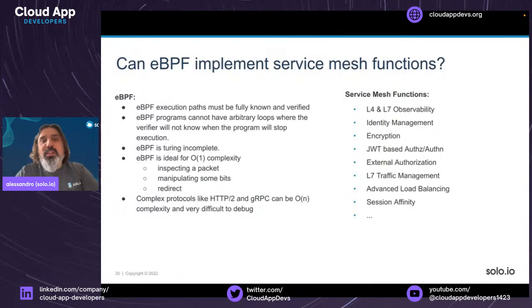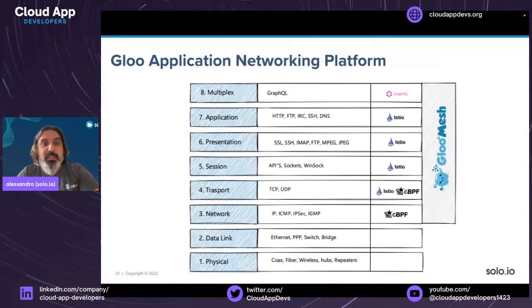And that's why we call this accelerated networking in service mesh, because we don't rely anymore on iptables; we rely on eBPF and a CNI based on eBPF like Cilium to accelerate the traffic between the application and the proxy. So this is basically what you see in the OSI layers.